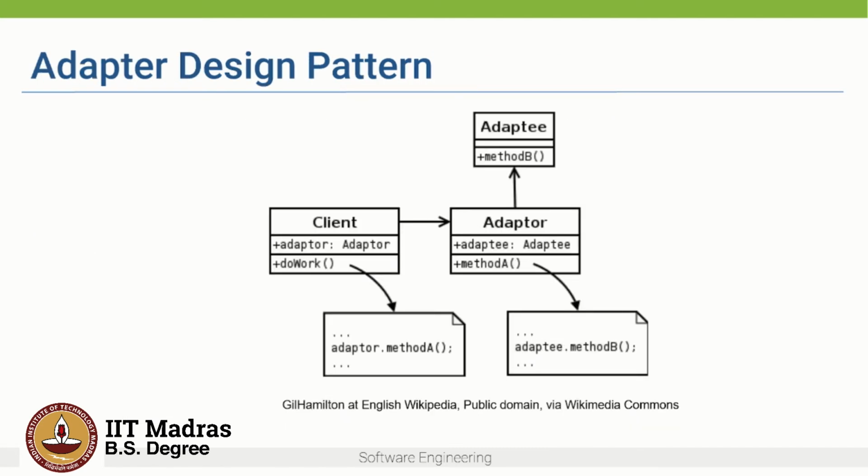So what is the adapter design pattern? So let's say the client wants to call method B, right? And the client cannot directly call method B. So what we can do is create an adapter class, right?